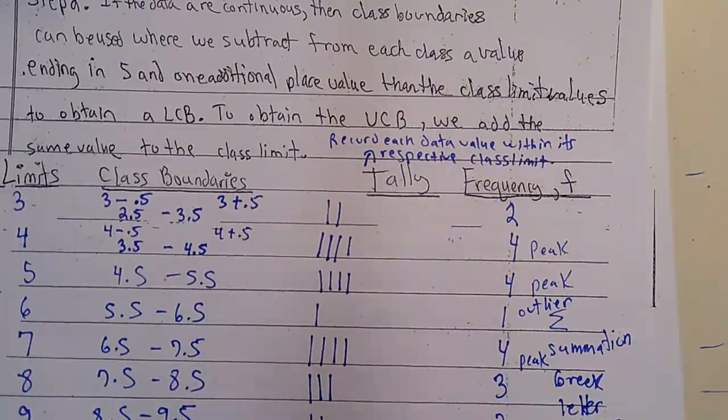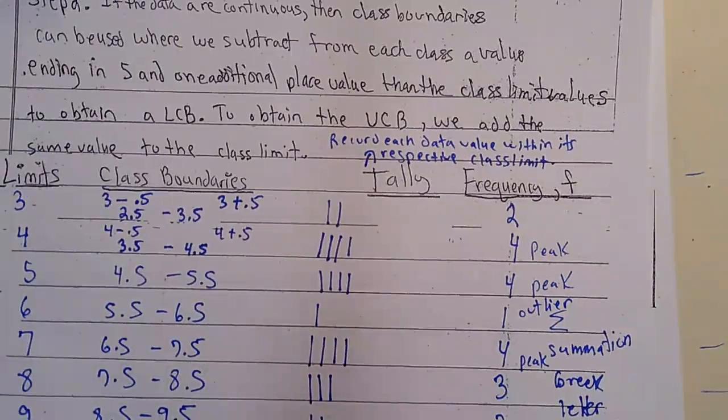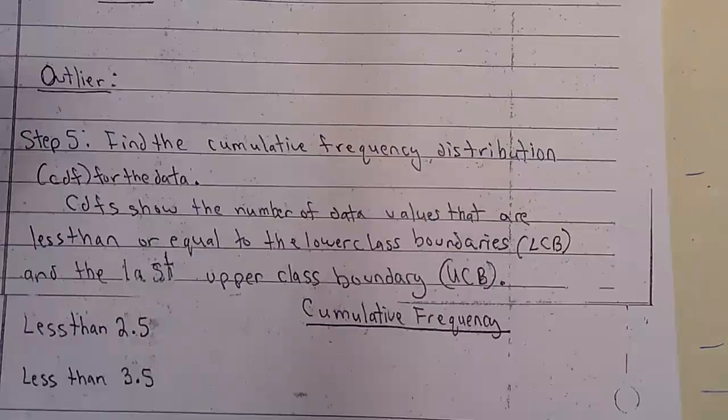So if you look at the peaks, these were ages of dogs. You have 5, 4, and then the age of 7. So I said something like that, among the 20 dogs in the pet shelter, most dogs were ages 4, 5, and 7.